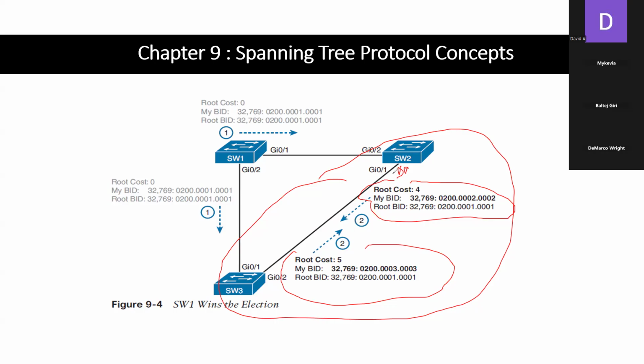That designated port gets into a forwarding state. Now, what's going to happen to gigabit 0/2?